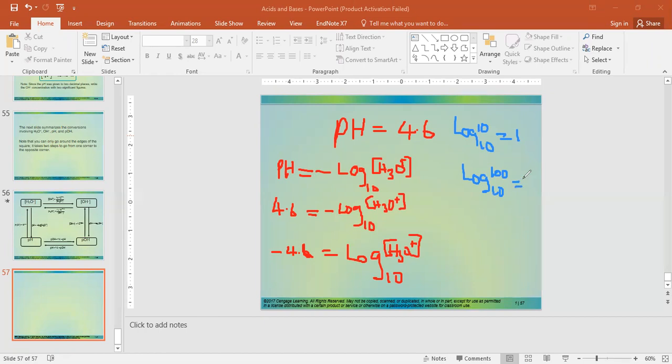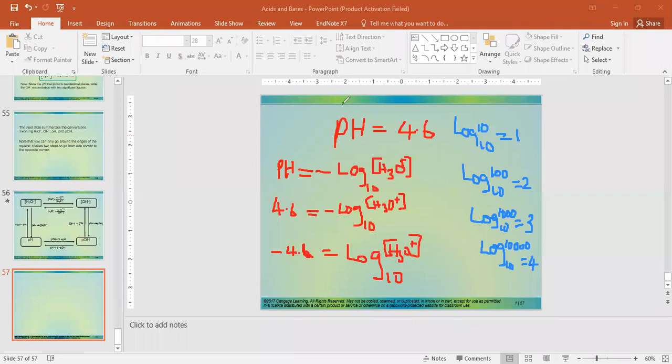What is logarithm to base 10 of 1,000? 3. What is logarithm to base 10 of 10,000? 4. We are together.